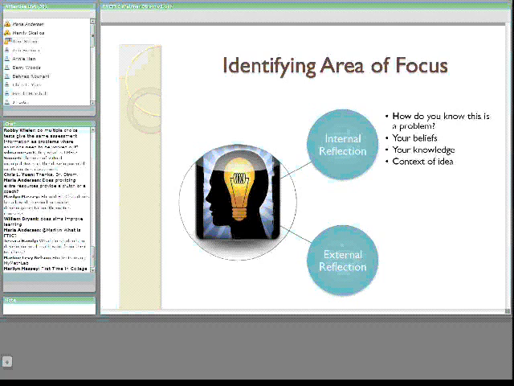All right, as we think about reflecting internally and externally, we at some point need to formulate some research questions. Once we've identified this area of focus, we have to develop research questions that will allow us to more specifically study this content that we are interested in.